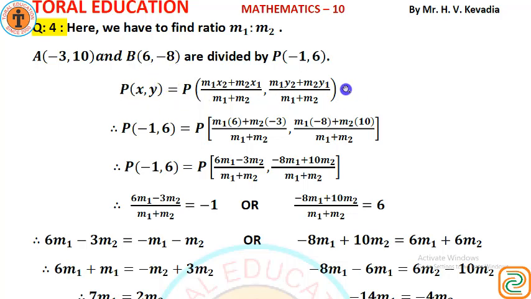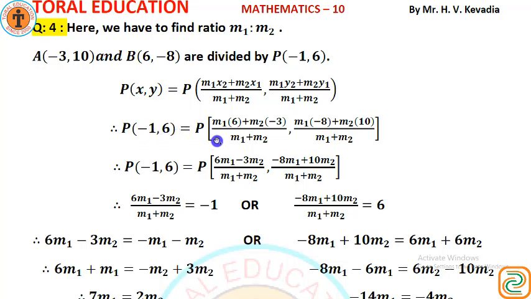So we will take the same formula. But here you should remember we have to take x, y as minus 1 and 6 because P (minus 1, 6) divides line segment AB. And we need to find out m1 is to m2. So first, minus 1 is the same as this and 6 is the same as this. Right? But in both the cases you will get the same ratio.